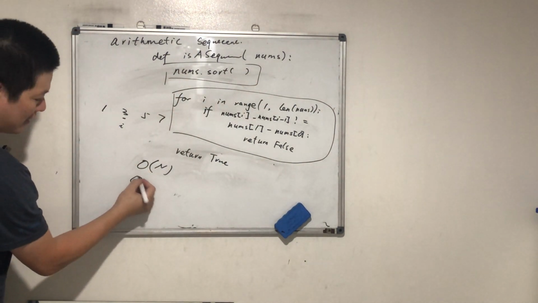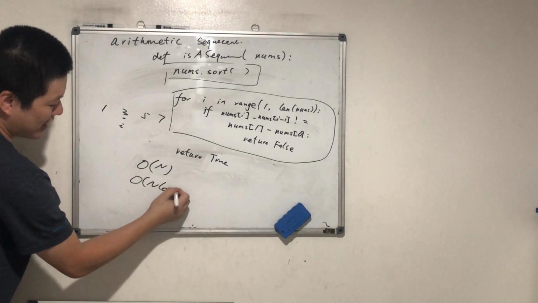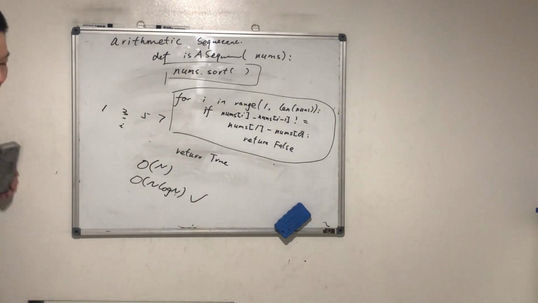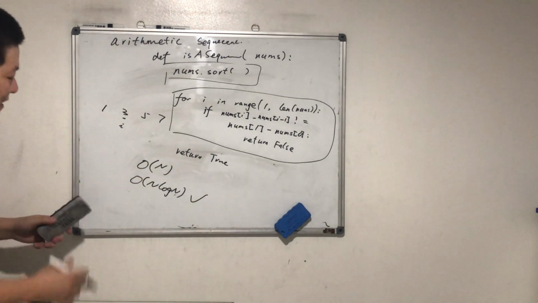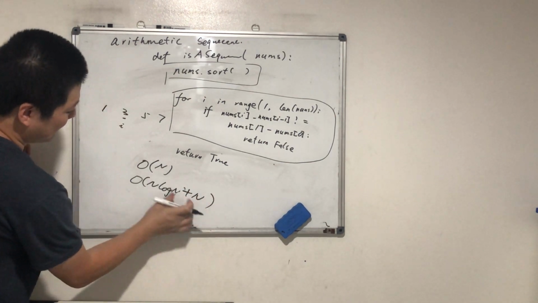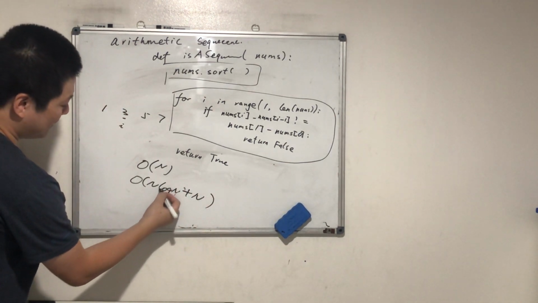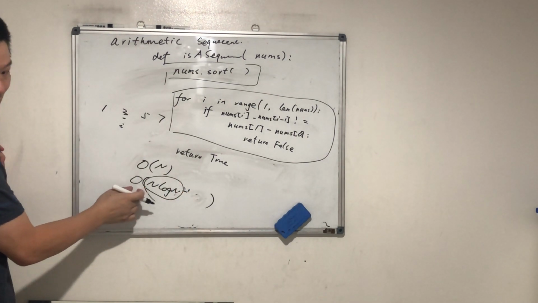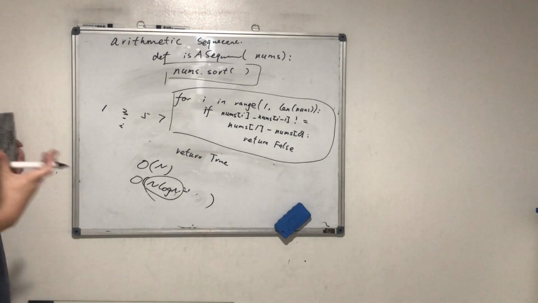N again. So what's the final complexity of the whole thing? N again, because this is dominating. This is bigger than that. You can say O(n log n plus n), but this one is dominating because it takes more time, so you can drop the other.